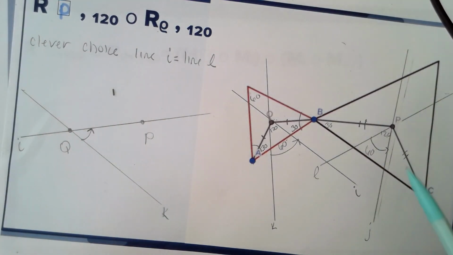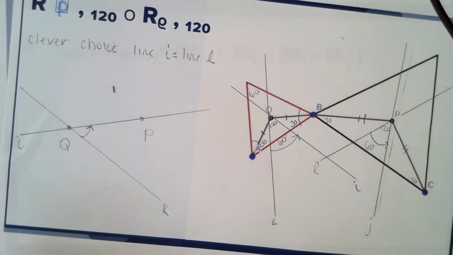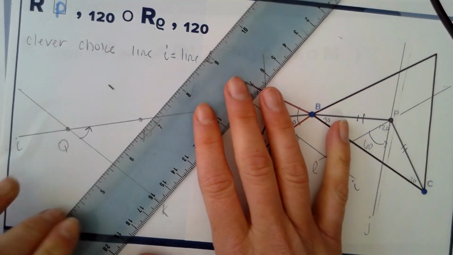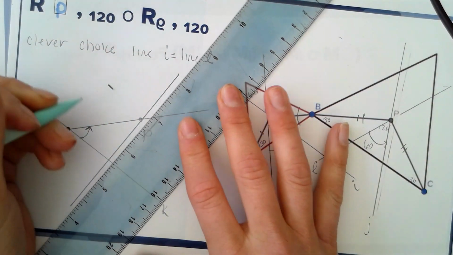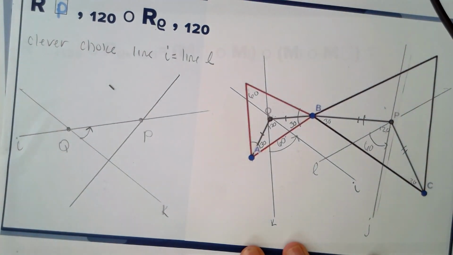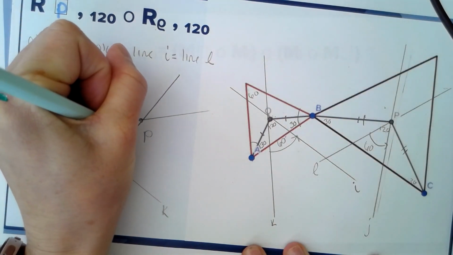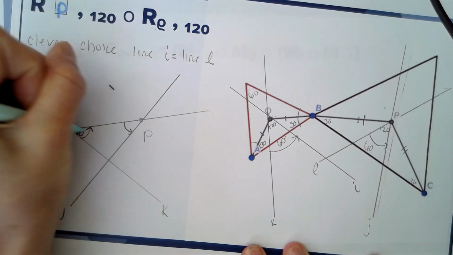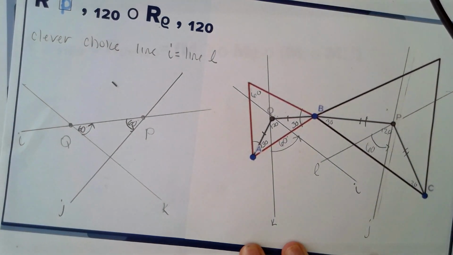And if you can picture where J would be coming down this way, about like this, with our directed angle going here, 60 and 60, half the angle of rotation.